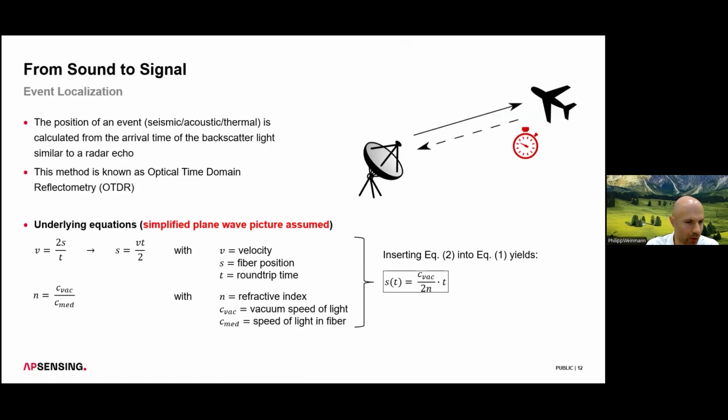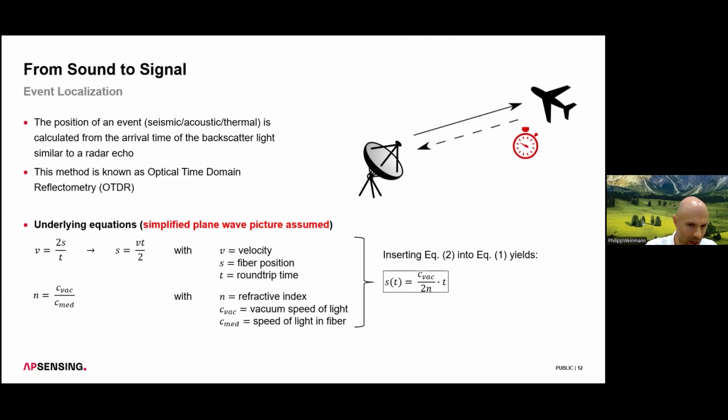I just want to point out here that for these equations, I also use the simplified picture of a plane wave. If you are considering that we are actually using a laser pulse, then you would need to use a slightly different formula here. But I would say for introducing the topic, it's a justified picture to use, and that's why I use these two formulas.